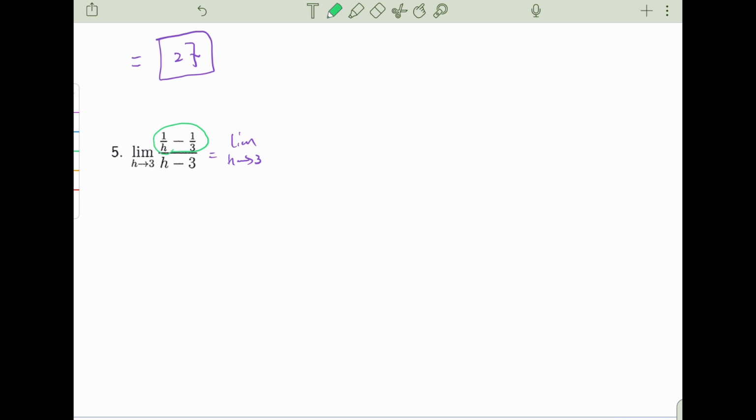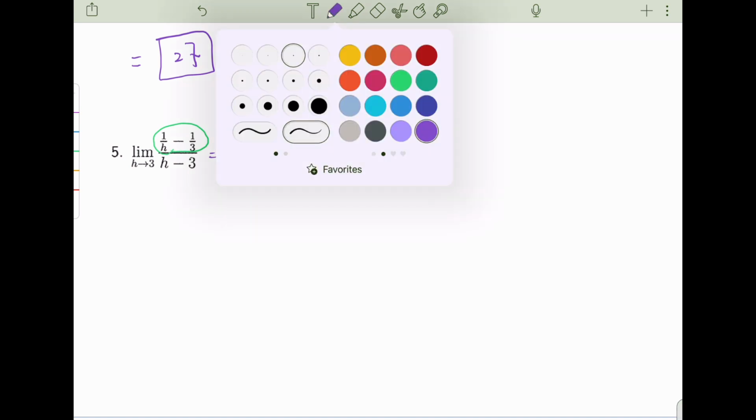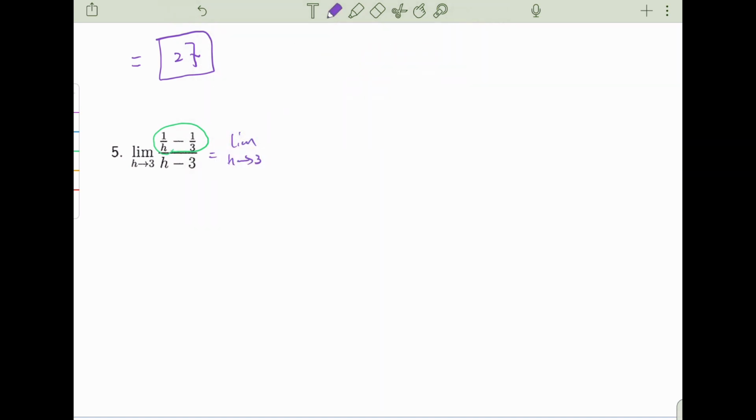Right? So what we need to do is to multiply the top and the bottom together by the common denominator of the fractions on the top. The fractions on the top have 3 and h, right?